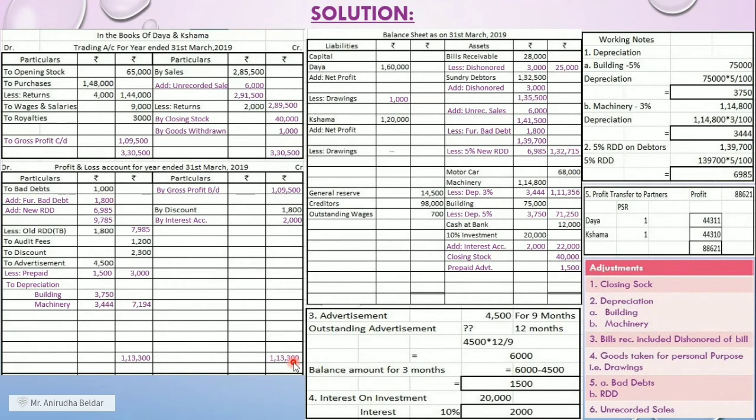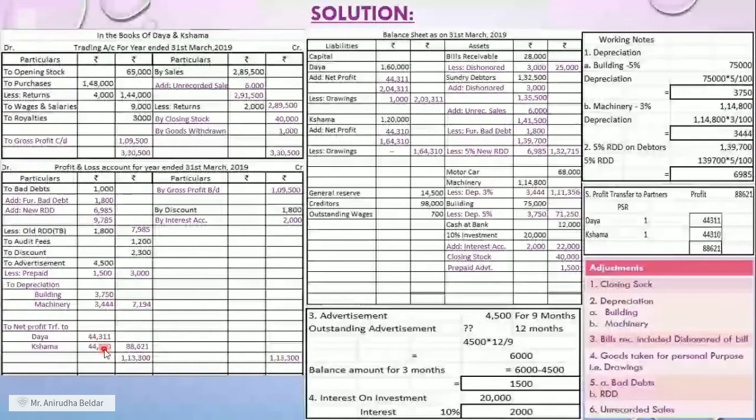Now we'll calculate the net profit and transfer it to the partners' capital. To net profit transferred to Daya and Shama in the 1:1 ratio we have allocated. You can say we have distributed it equally.